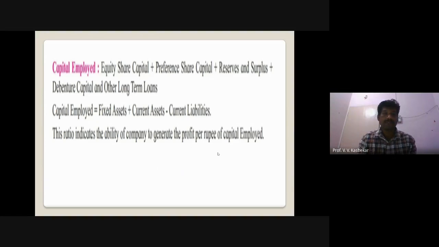And capital employed is equal to fixed assets plus current assets minus current liabilities. This ratio indicates the ability of the company to generate profit per rupee of capital employed.